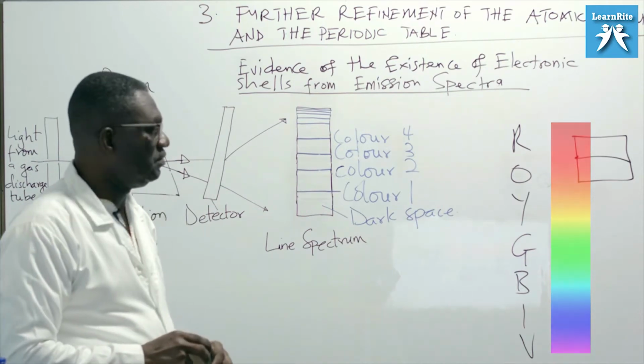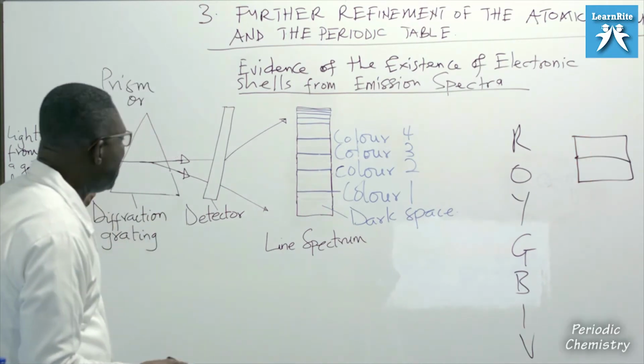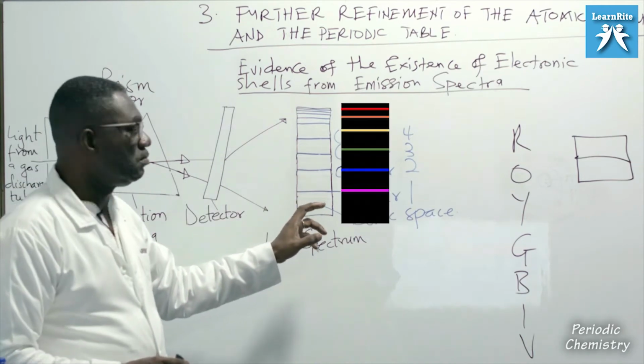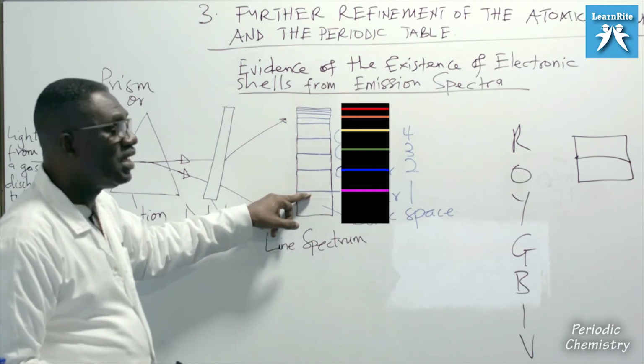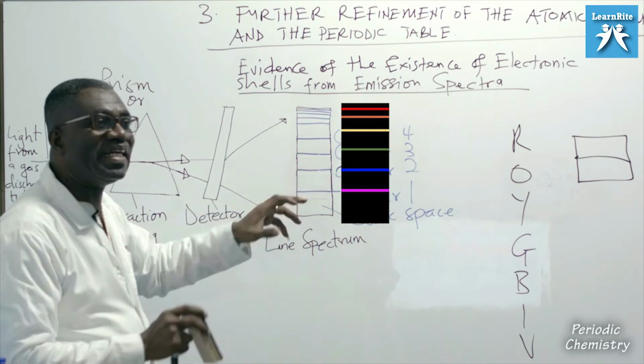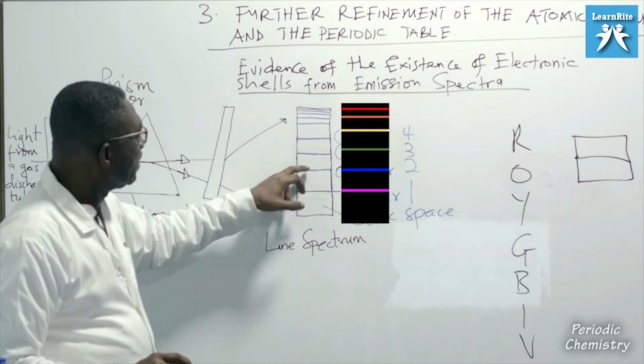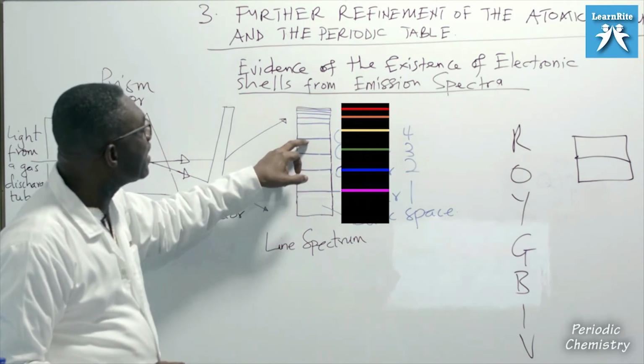You don't see that. You see distinct colors. You see one color here, another color here, and in between the colors you see a dark space. Another color here, another color here.